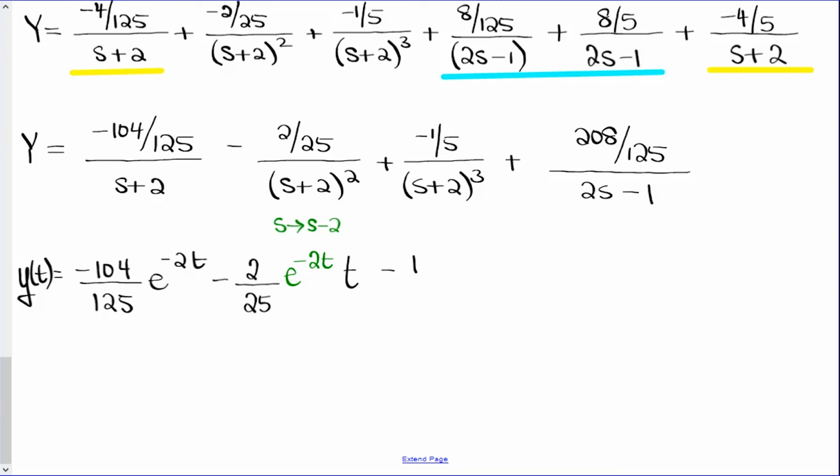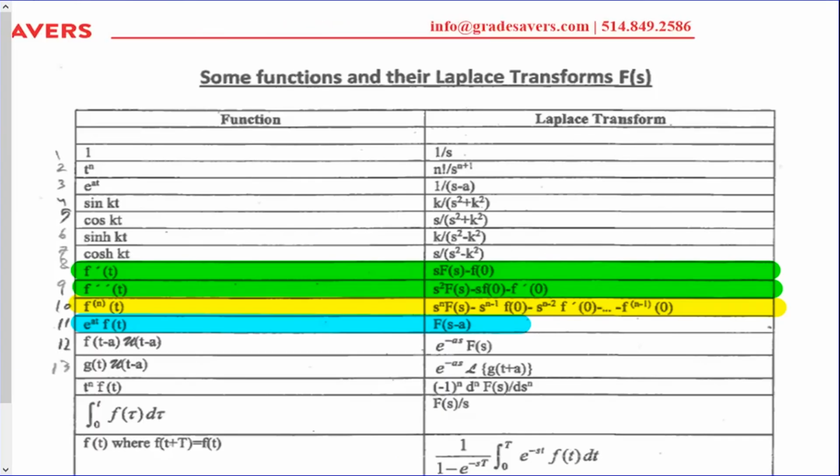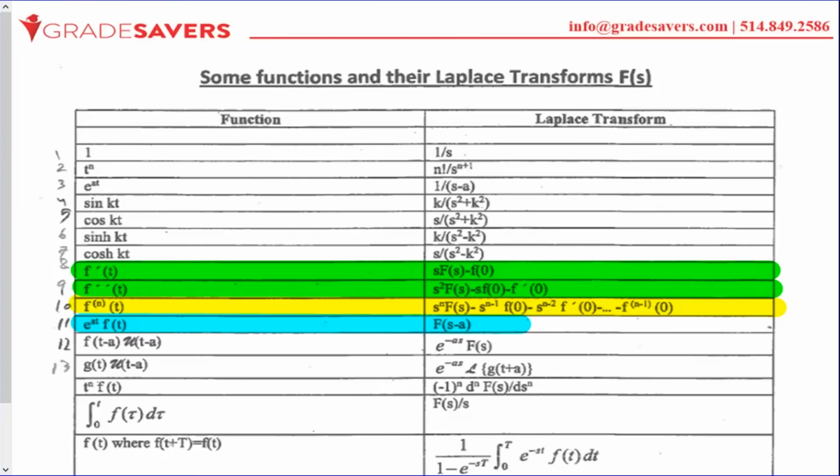You're going to have minus 1 over 5. And then the same shift is going to create an e to the 2t term. And now, all that remains for this third term is 1 over s cubed. And so you should understand how to take the inverse Laplace of 1 over s cubed fairly clearly. I mean, it's nothing more than this guy right here.